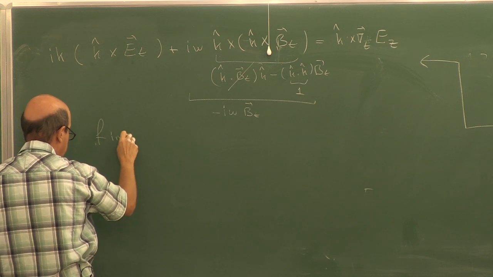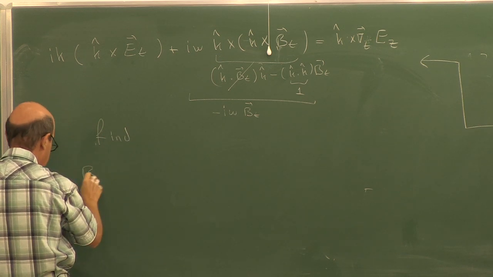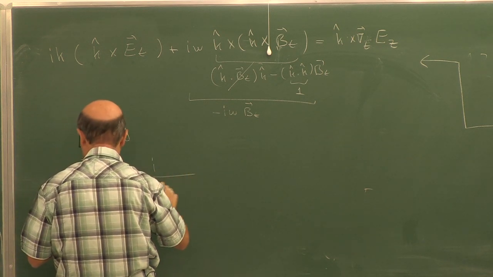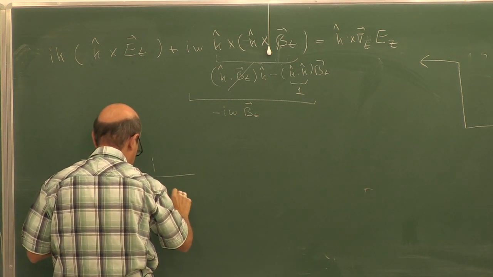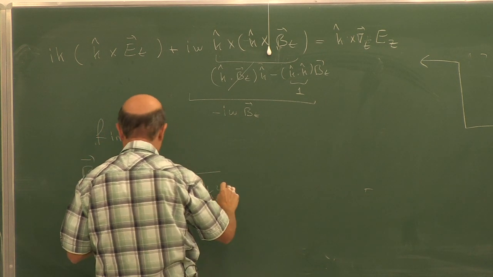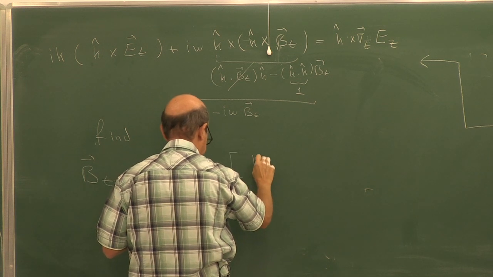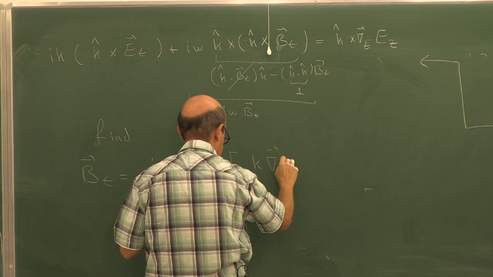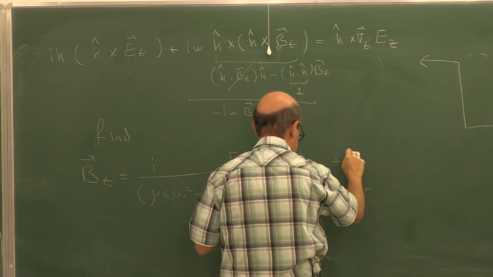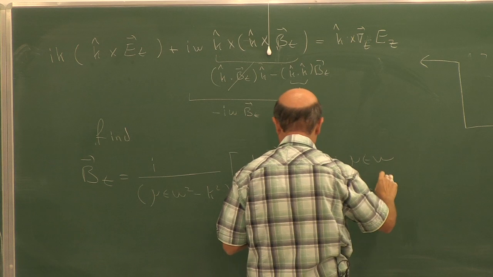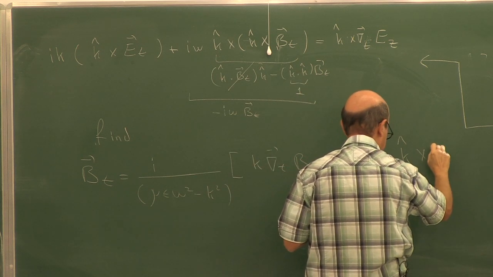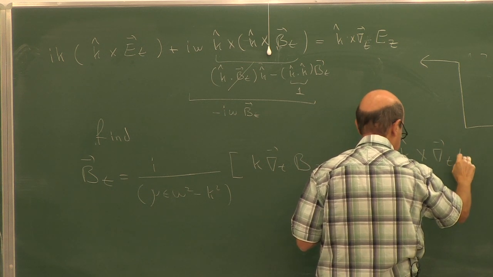Let me say that, with very little algebra, you find B transverse as i over mu epsilon omega square minus k square, times k gradient of the transverse Bz plus mu epsilon omega k cross gradient of the transverse of Ez.